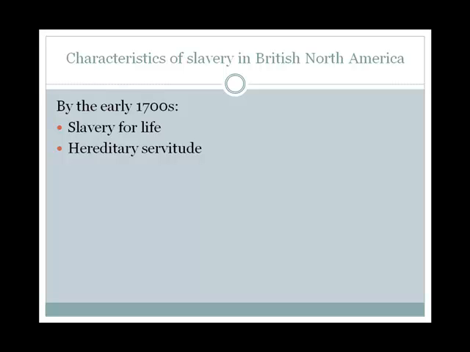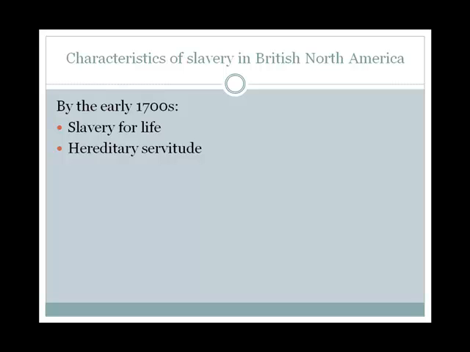You inherit your status as a slave based on the status of your mother when you are born. So this is something that is passed down as a hereditary condition from mother to child.